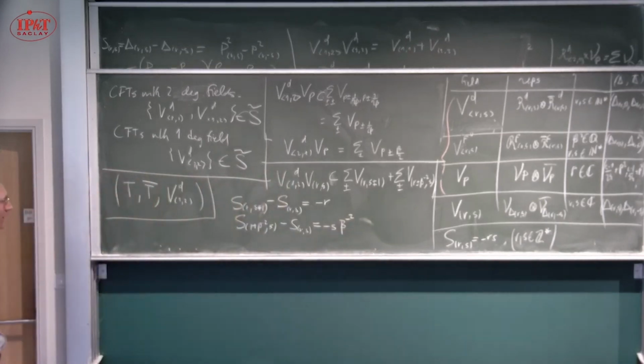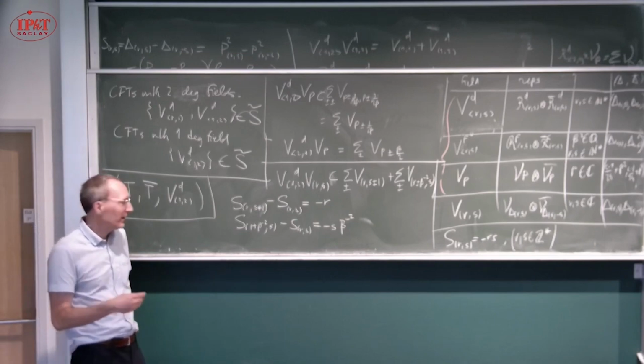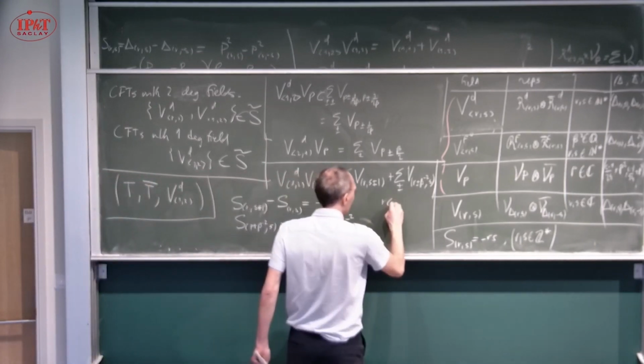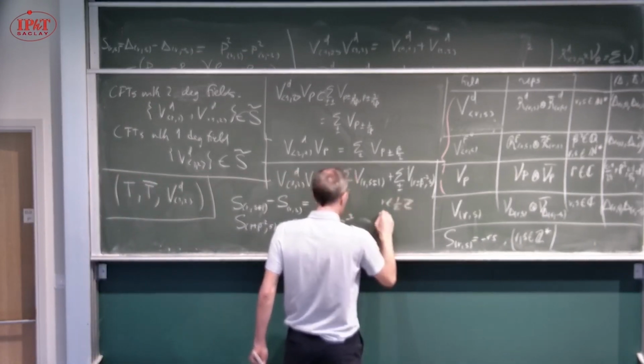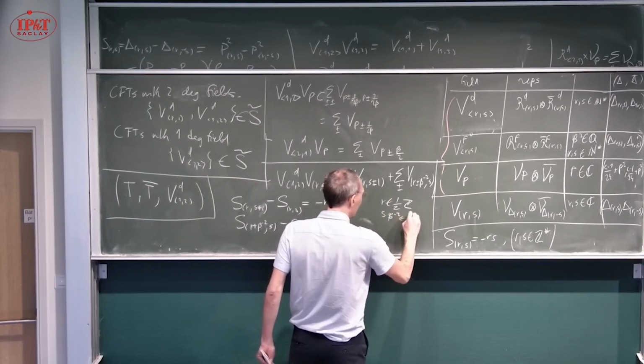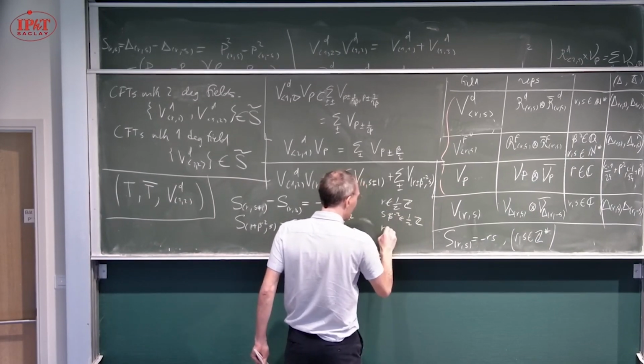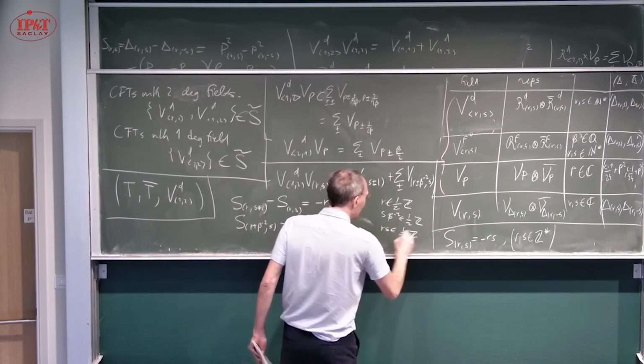So if we wanted all these 4 fields to appear, we would need that R is half integer, S beta minus 2 is half integer, and also RS is half integer.